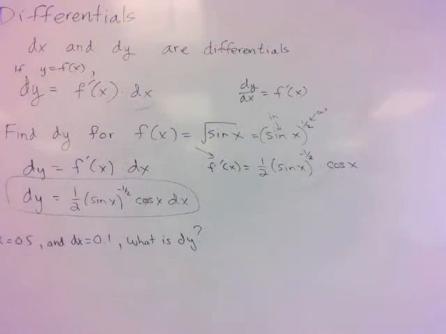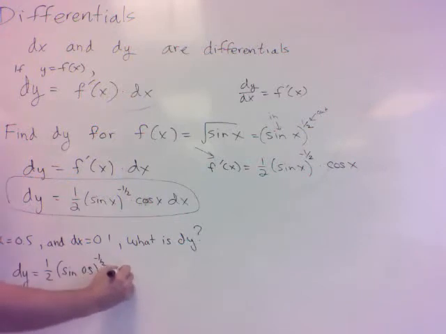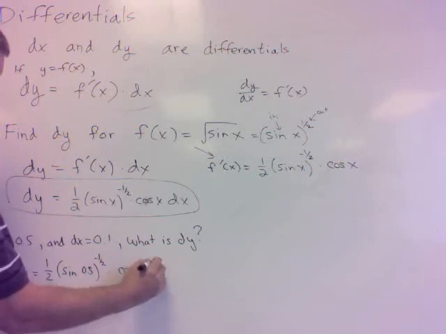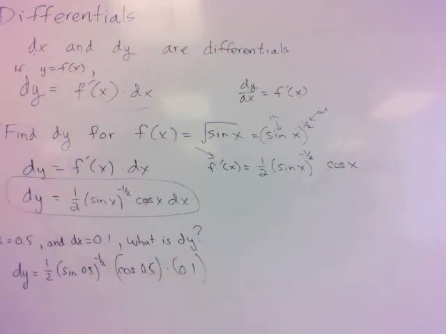Well, once you have dy in these terms, then it's just plugging in, right? Dy would be 1/2 times sine of 0.5 to the minus 1/2 times cosine of 0.5 times dx, which is 0.1. And then it's just getting the numbers, okay?